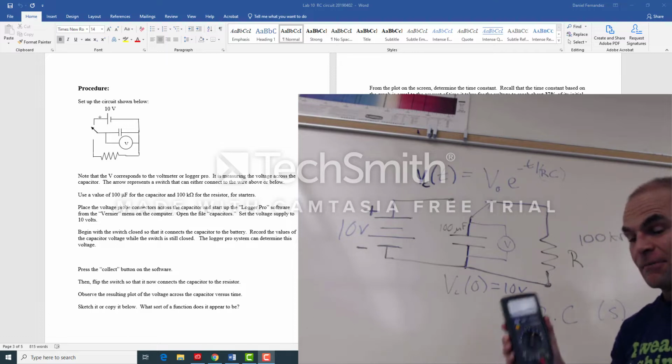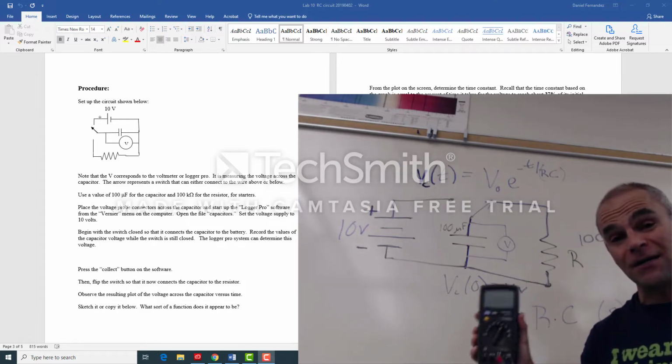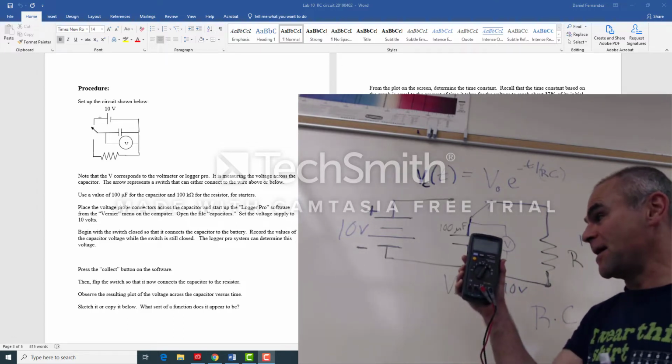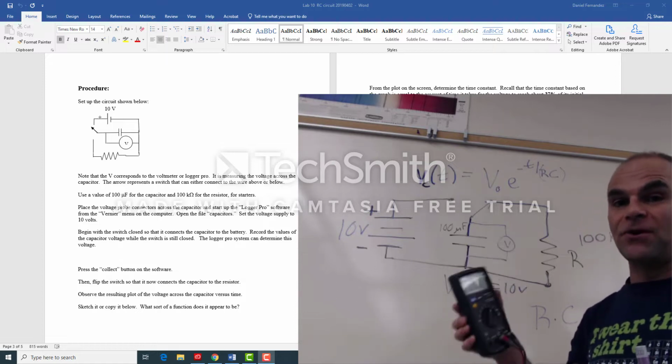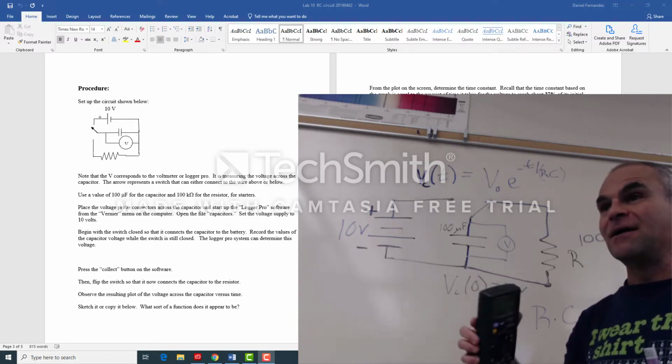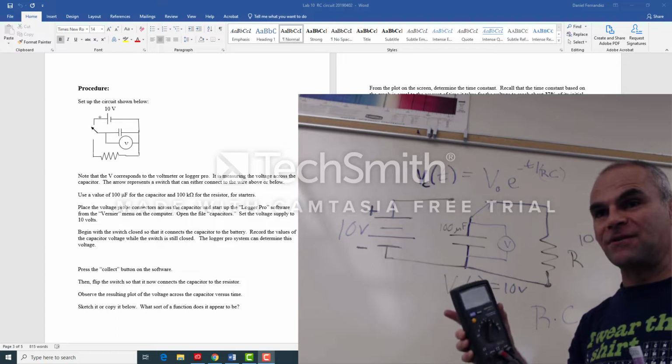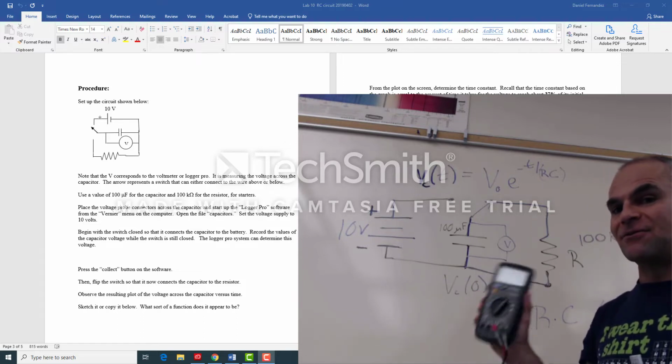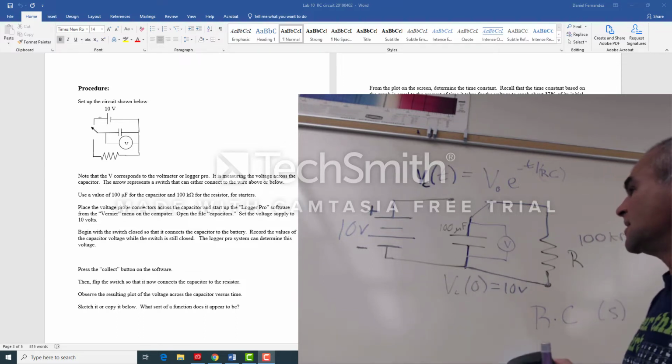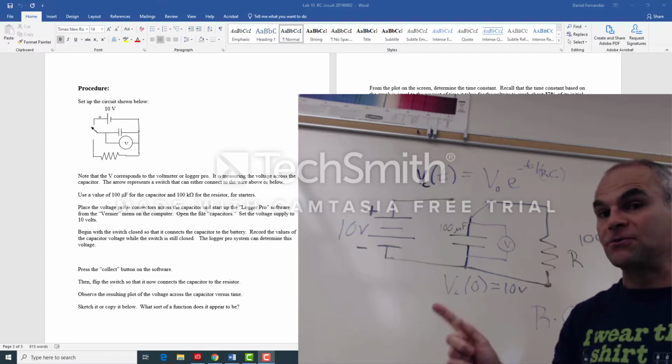It's very simple, but I'm not going to throw this away, but we're not going to use it in today's lab because it doesn't record every instant of time. And we want to have a graph. We want the output of today's lab to be a graph that shows how the voltage across the capacitor is varying as a function of time, and the Logger Pro will do that for us.